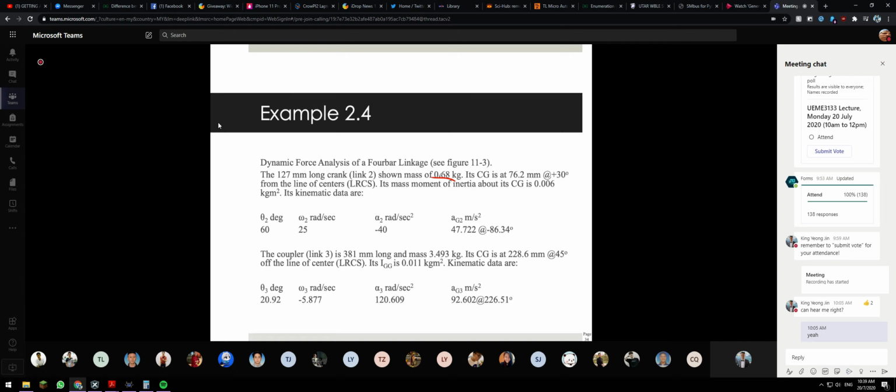Very similar. We have all these link lengths, masses, and the center of gravity. Again, this angle is not the final one. You cannot say my R12 is at the angle of 30. This is wrong, because this 30 is measured from the line of center. This line of center is considered the local rotating coordinate system.